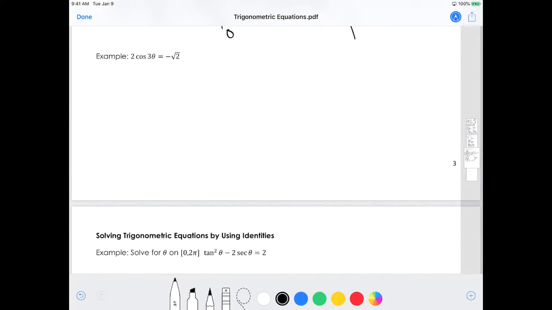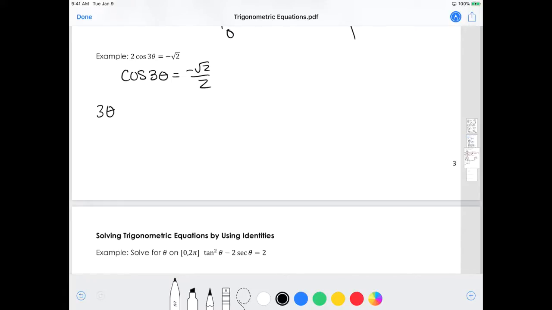My last example for going through equations with multiple angles, I have 2 cosine 3 theta is equal to negative square root of 2. I want to isolate the cosine 3 theta, and I'm going to divide both sides by 2.